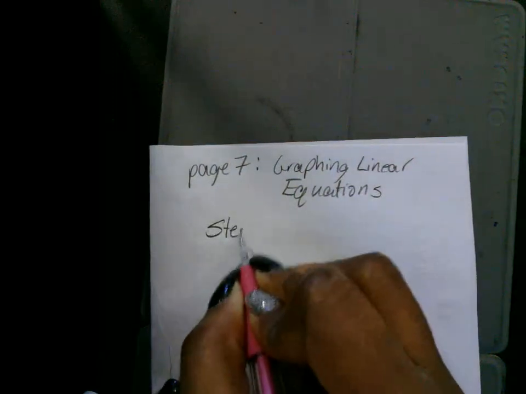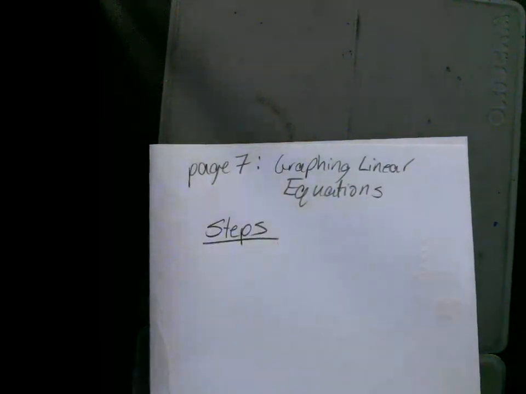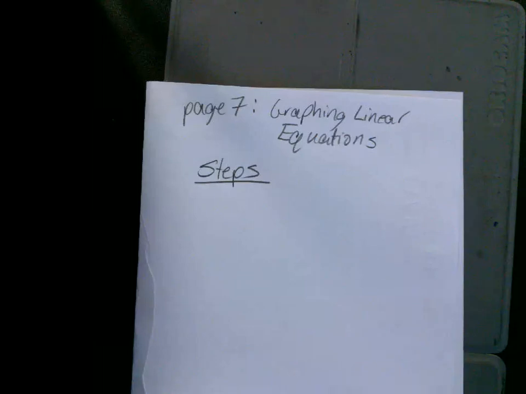Very short set of steps. There's only 3 steps that we're going to write, and then we're going to do the practice. We've already done this before, but we just hadn't put it in our notebook.